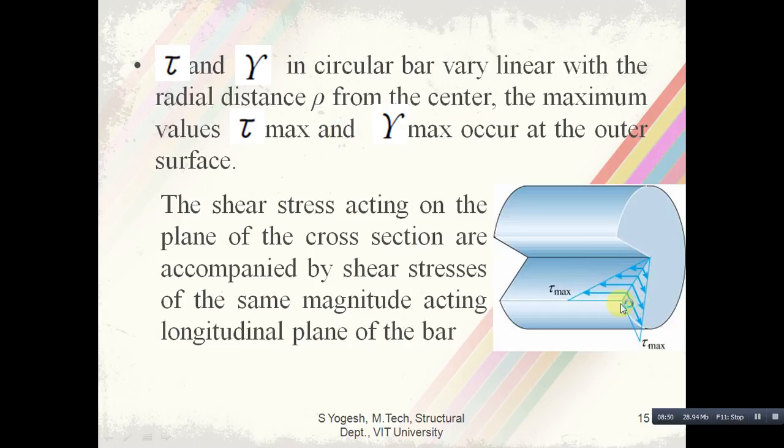So the shear stresses acting on the plane of the cross section are accompanied by shear stresses of the same magnitude acting longitudinally on the plane of the bar.